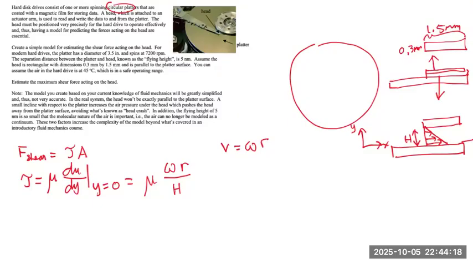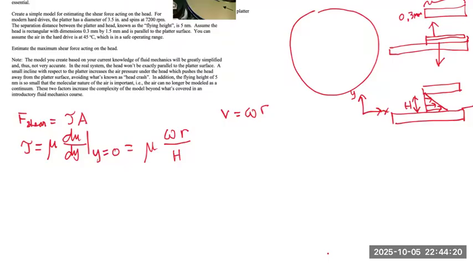Let's now write down all our given information in order to more easily plug in values later on. We have dp, which is the diameter of the platter, which is 3.5 inches. We have rp, or we'll just call it r, which is the radius of the platter, which is 3.5 inches over 2.